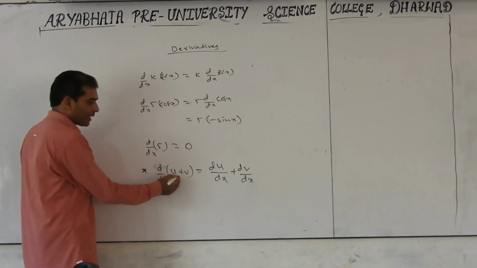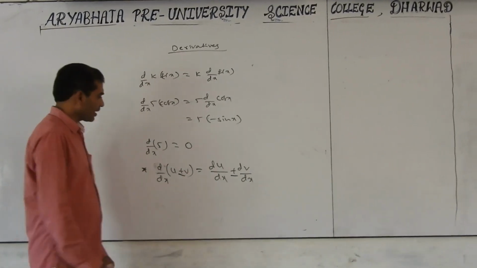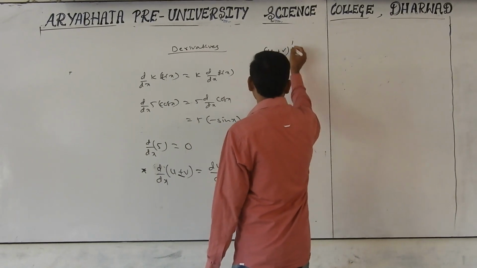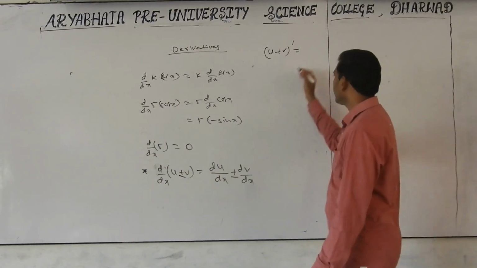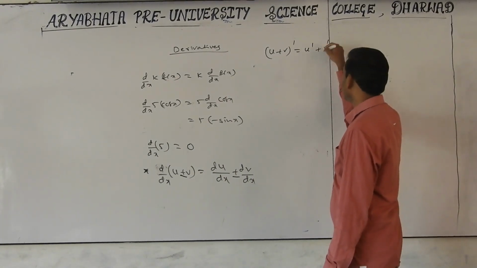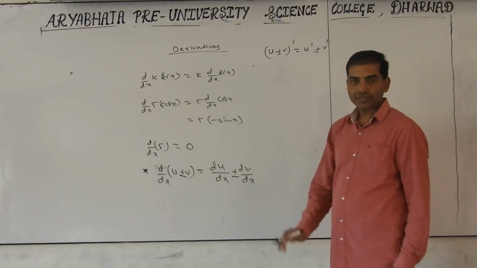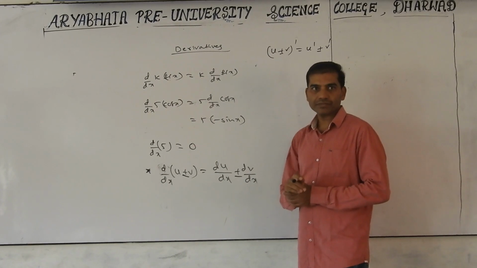This is applicable for minus also, so plus or minus. For example, we can write this as u plus v whole dash, where dash means d by dx notation. We can write u dash plus v dash. If it is minus also, we can write a minus. But differentiate separately if a plus or minus operation is in between.